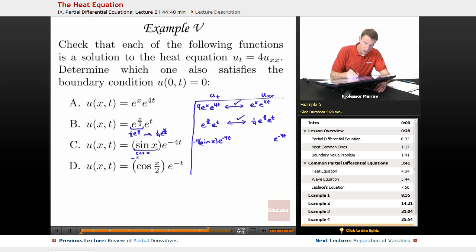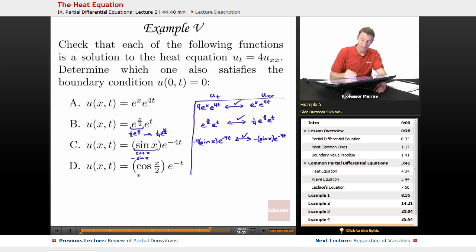The second derivative is negative sine x, since the derivative of cosine is negative sine x. And so we get negative sine x e to the negative 4t. Now we notice that the left-hand side is exactly 4 times the right-hand side. And so again, our u sub t is 4 times u sub xx, so we do have a solution to the partial differential equation.